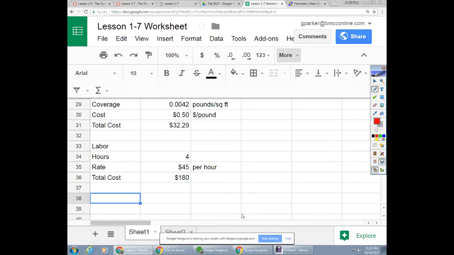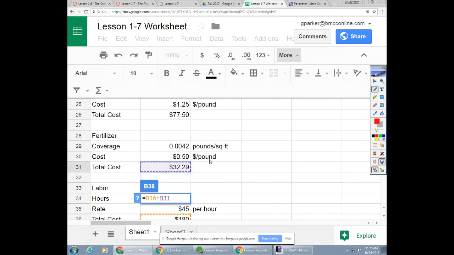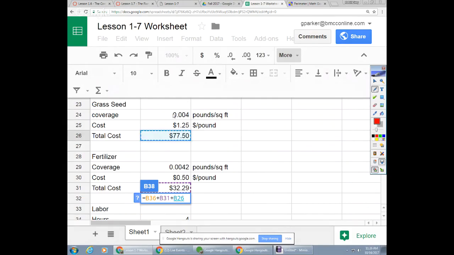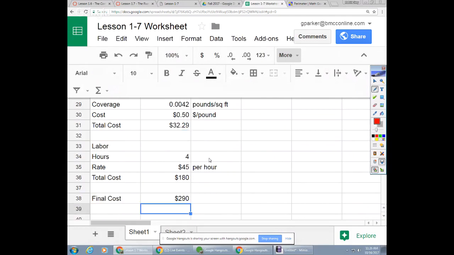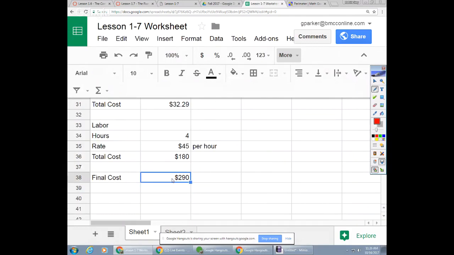So final total cost, if we just go by that, his itemized cost should be the sum of those last few things. So the labor cost plus the total cost of the fertilizer plus the total cost of the grass seed. Add those up, I get $290.